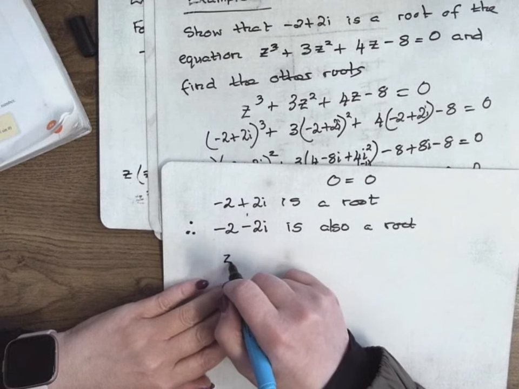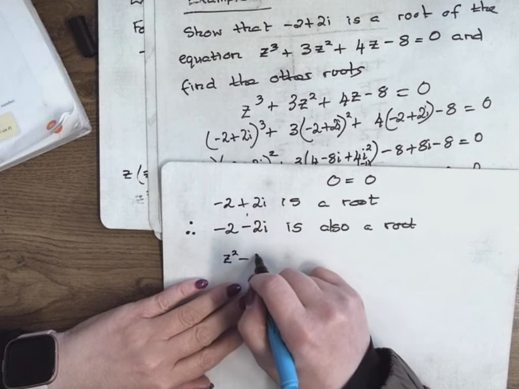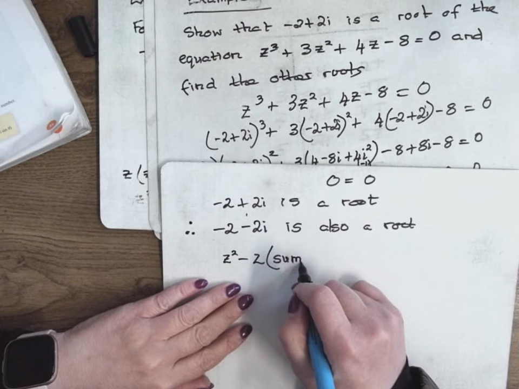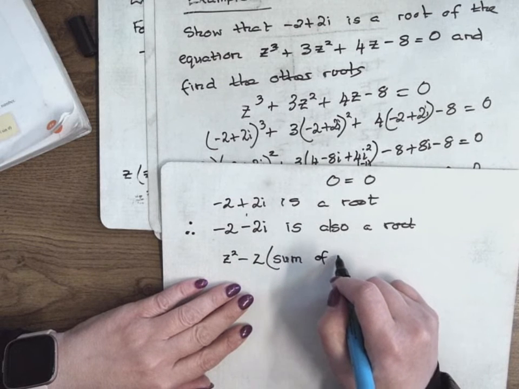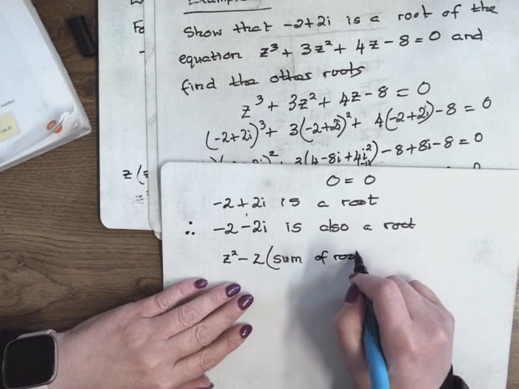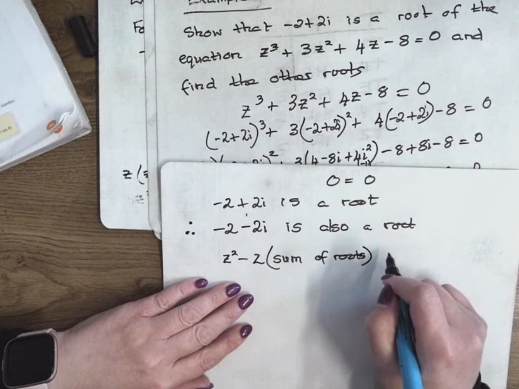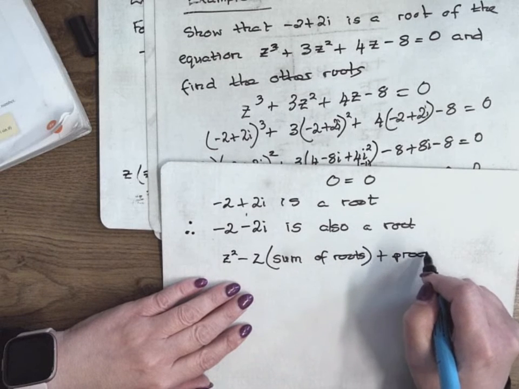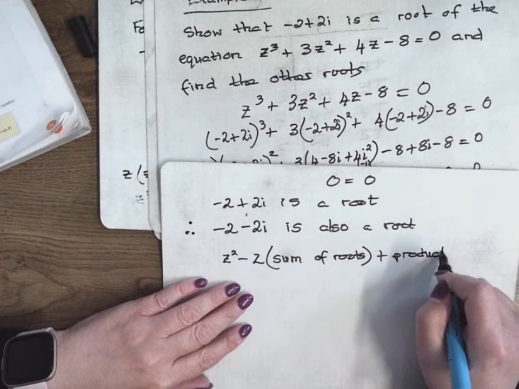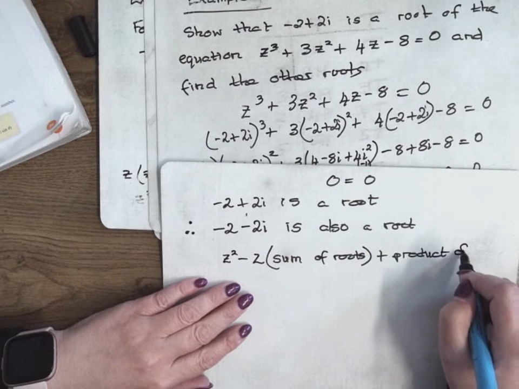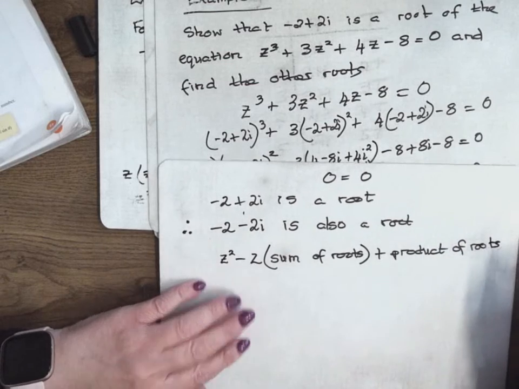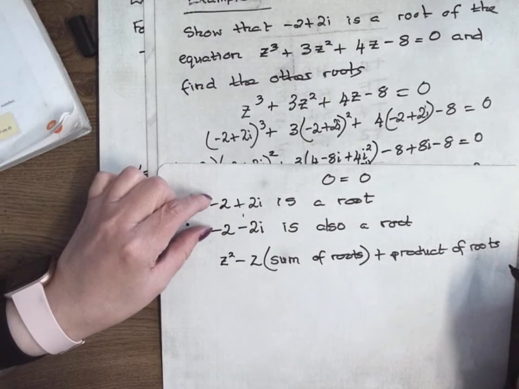So I'll go with z squared minus z times the sum of the roots plus the product of the roots. So that would be the quadratic that those two make, okay?